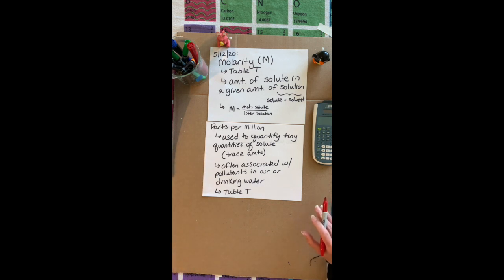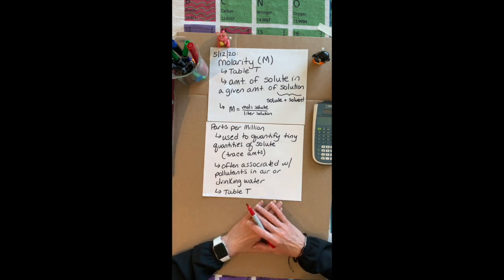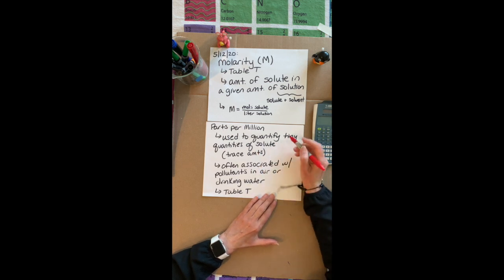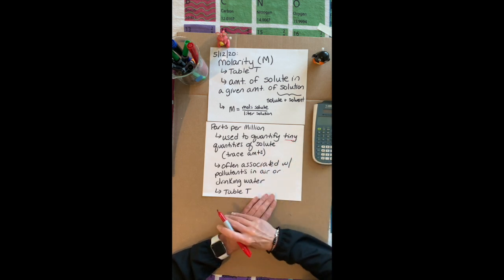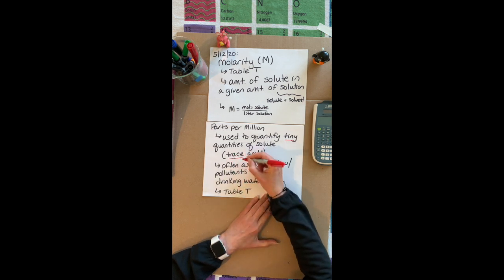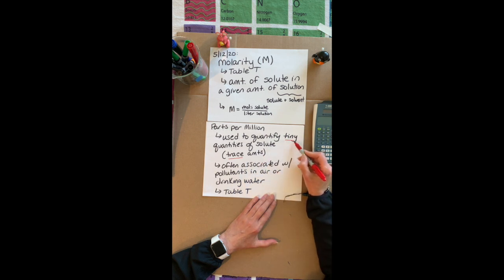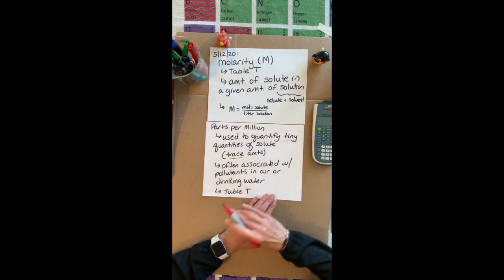Okay, another way to measure the concentration of a solution is in parts per million. Now, this really only is used to quantify really tiny quantities of solute. And the word trace is used here. Trace amounts refers to very small or tiny quantities of something. And parts per million most often is associated with pollutants in the air or drinking water.